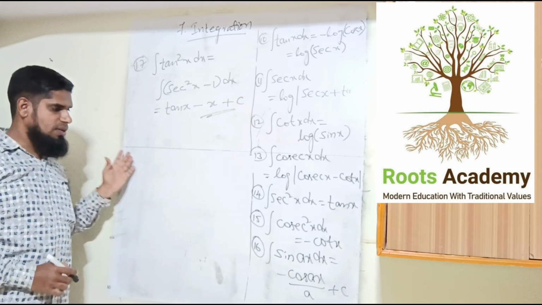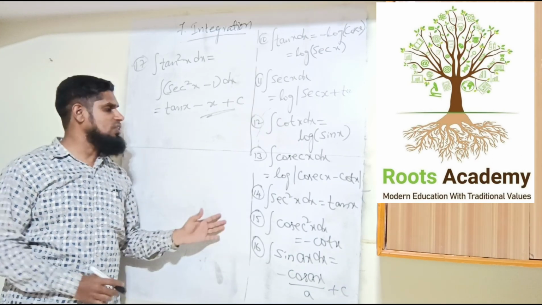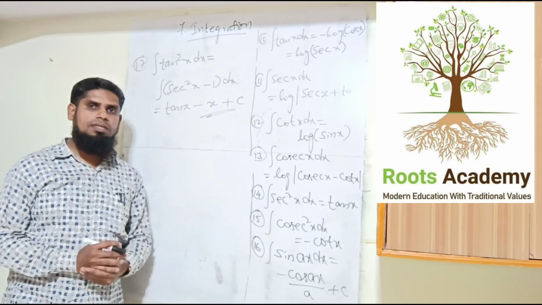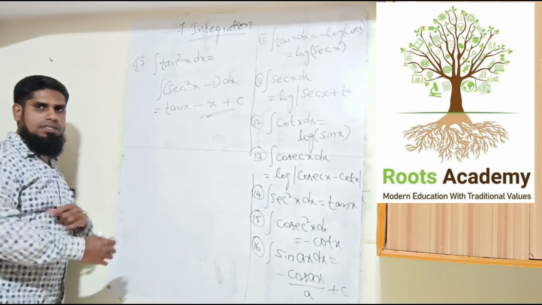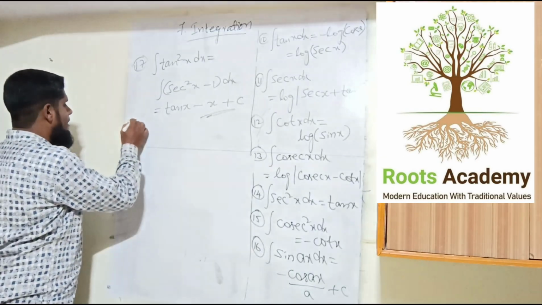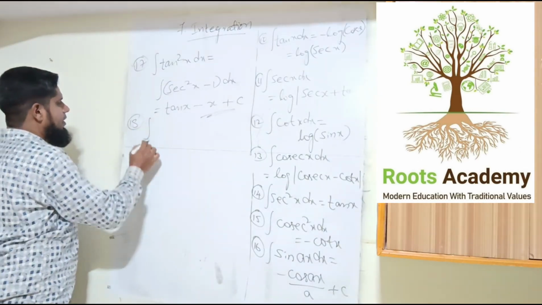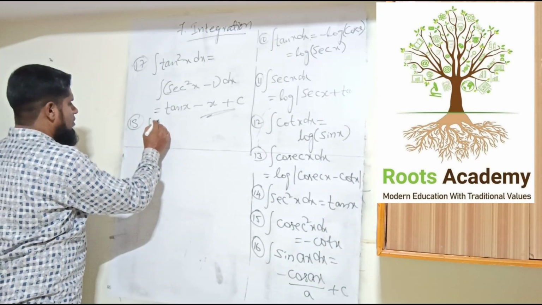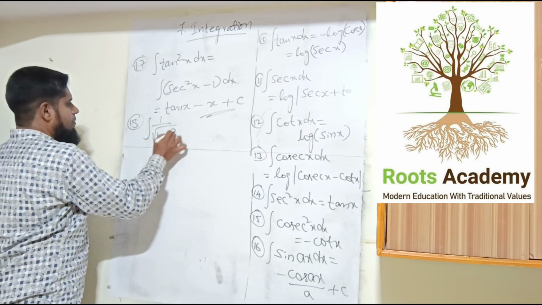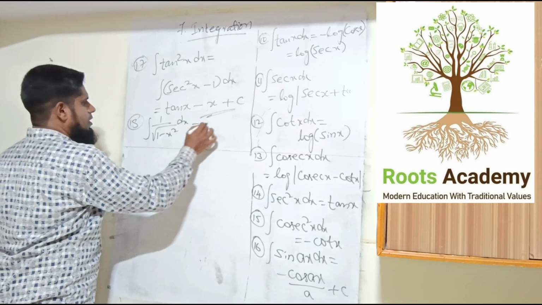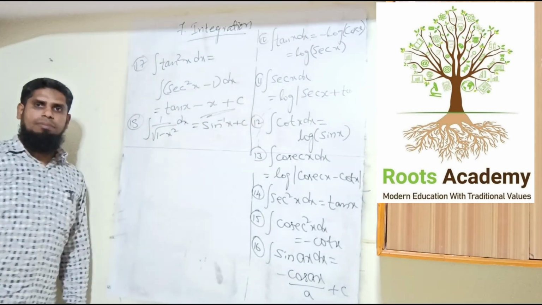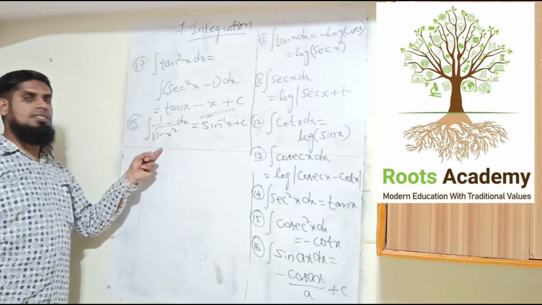So student, these are the basic formulas of trigonometry integration. You must know at least these many formulas, and of course there are other formulas. We will take it now. Integration of 1 divided by root of 1 minus x square dx is obviously sin inverse x plus c, because we know the derivative of sin inverse x is this.